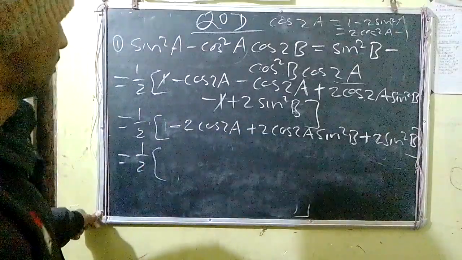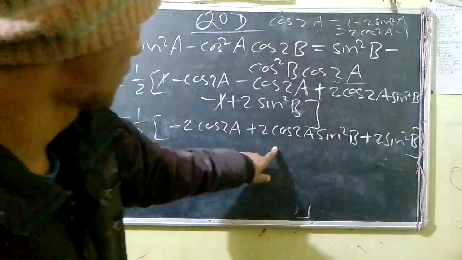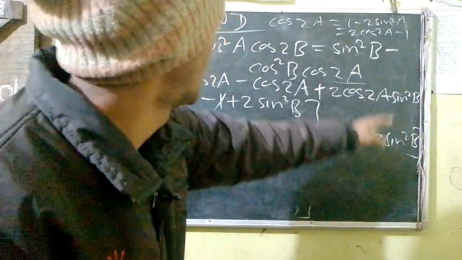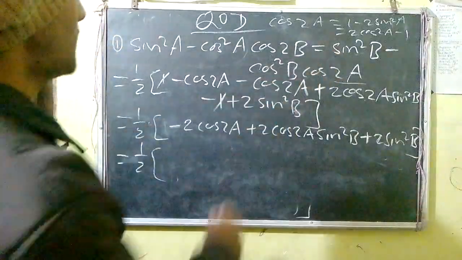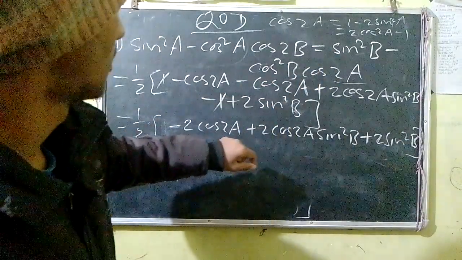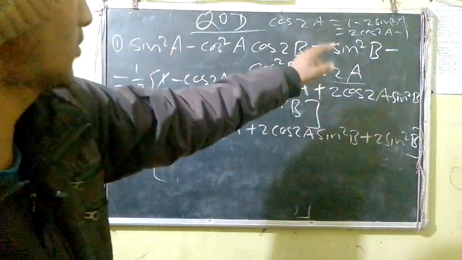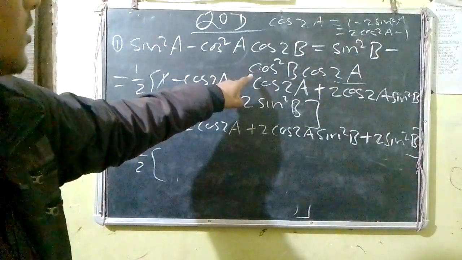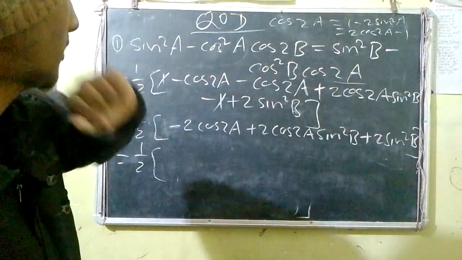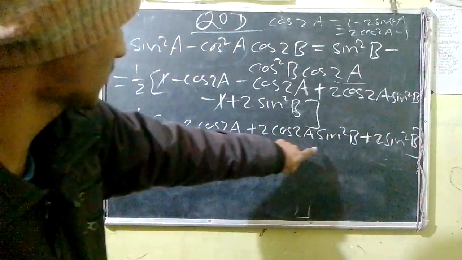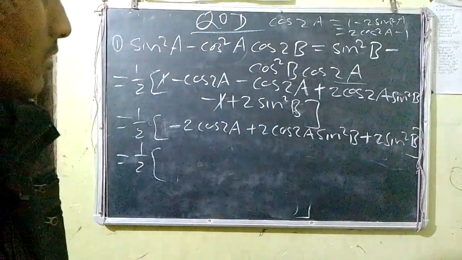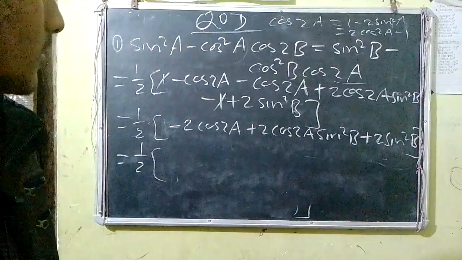Minus 2 cosine 2A plus 2 cosine 2A sine square B. How does it look? We want sine square B minus cosine square B cosine 2A. Do I see cosine square B? I don't see cosine square B. So what's the next step? You might think.